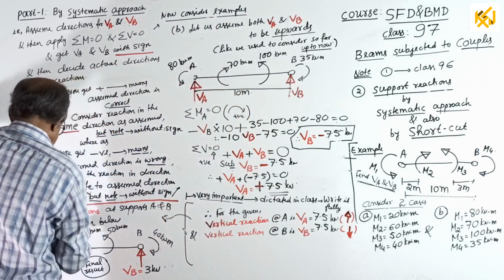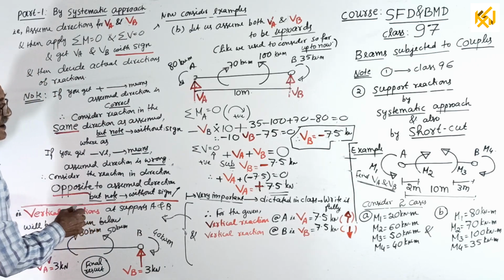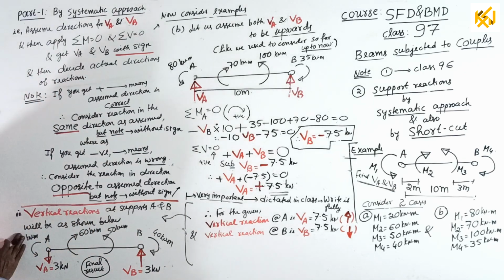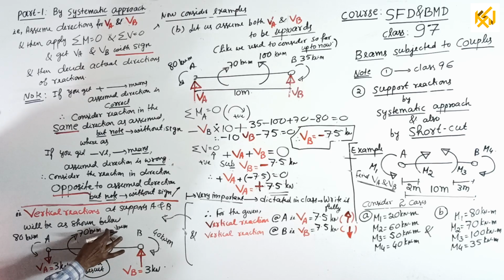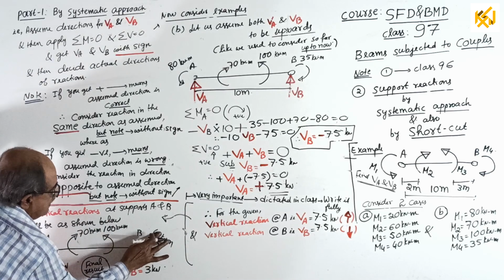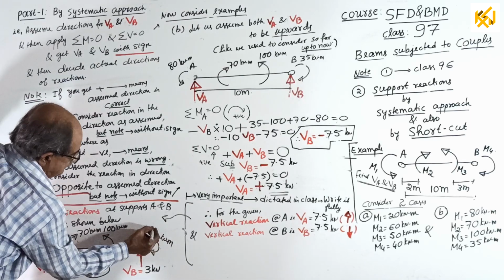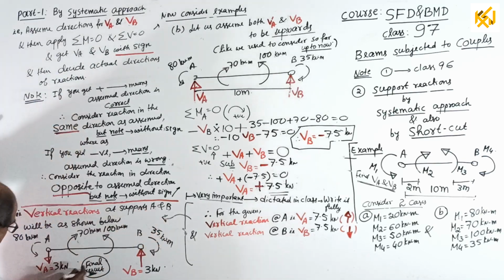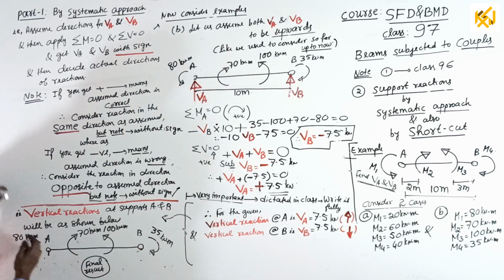For this beam, I have to draw and write here. When this couple is 80 kN meter, this couple is 70 kN meter, this couple is 100 kN meter, and this is 35 kN meter, the final reactions VA and VB will be as shown below.